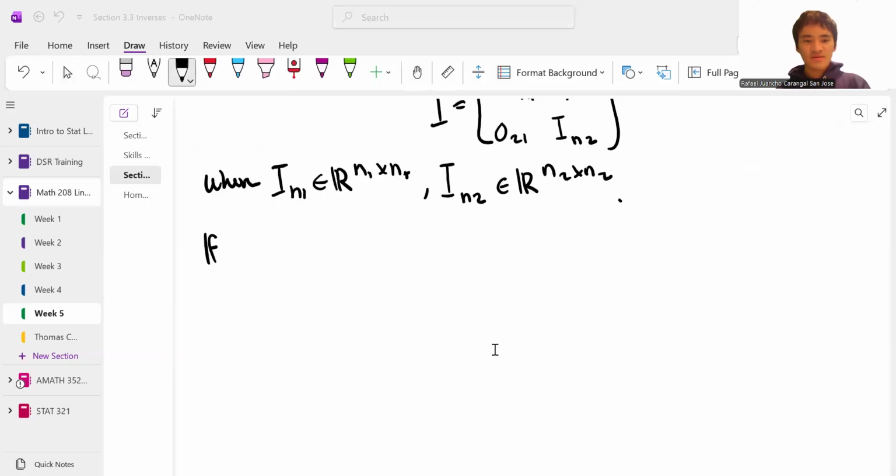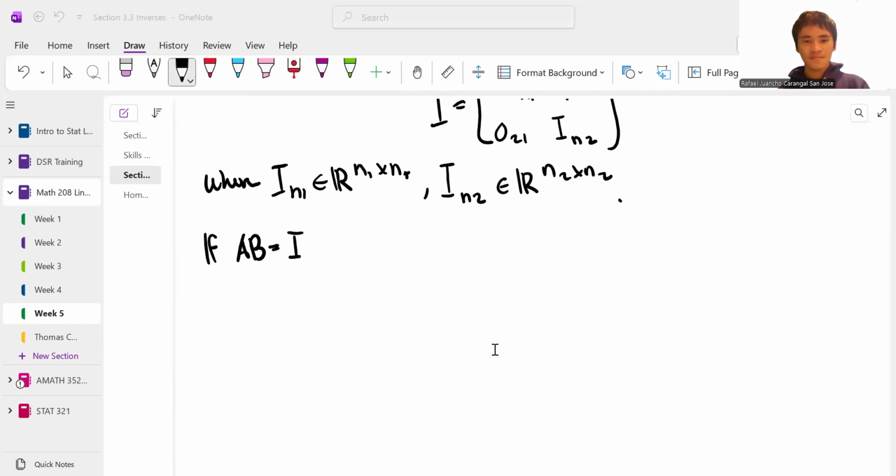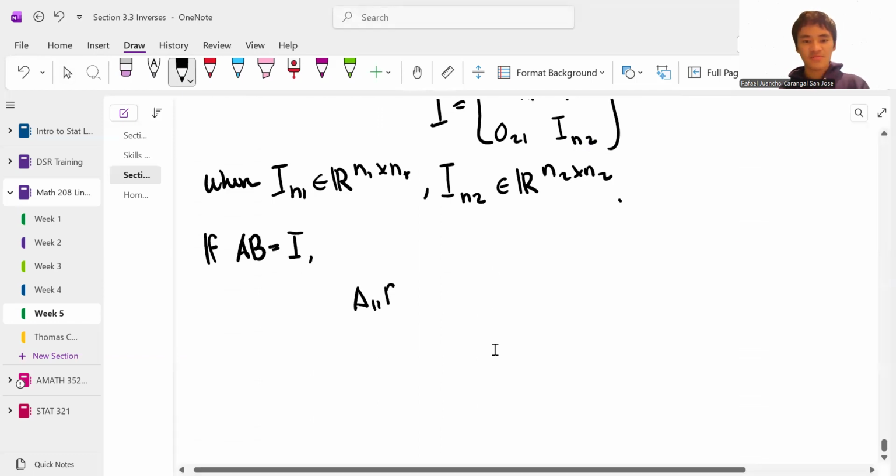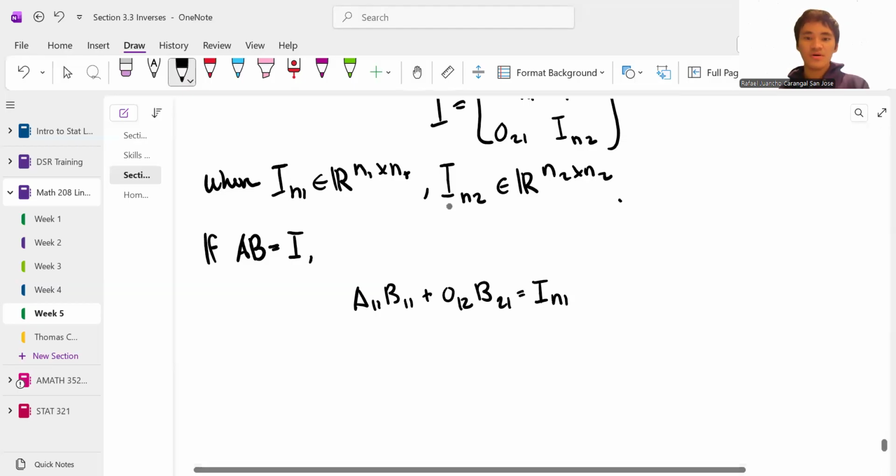So if the product AB is the identity, then we're going to have this type of formula. A11 B11 plus 0 sub 1 2 B21, which is I sub n1.